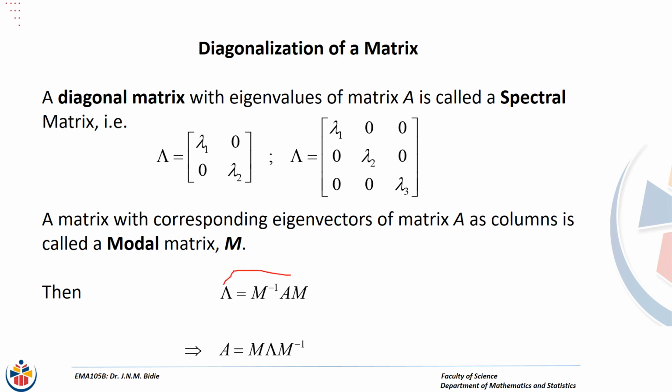When you diagonalize a matrix, the spectral matrix is always equal to M inverse multiplied by A multiplied by M. But when we have the diagonal matrix, which is the spectral matrix, and we have the corresponding eigenvectors, and you are looking for matrix A, then you use the formula M times the spectral matrix times M inverse to calculate what A looked like.